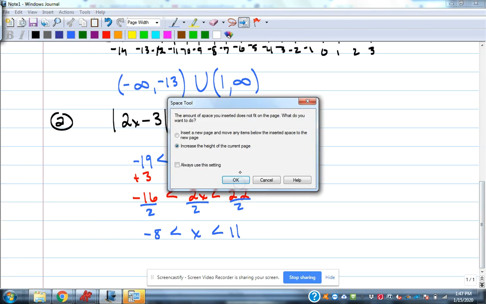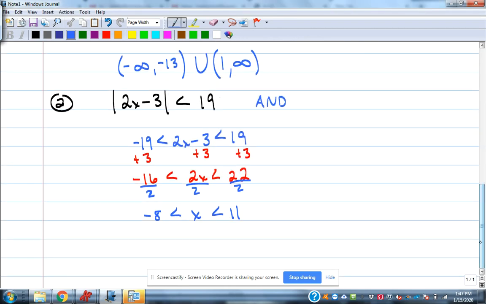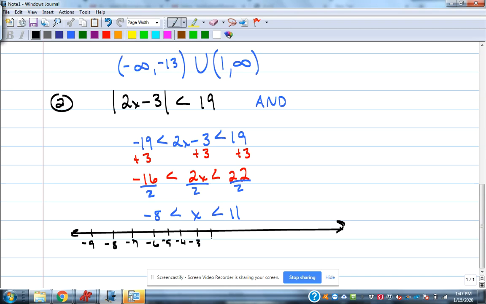All right, so on our number line, we need some more room there.